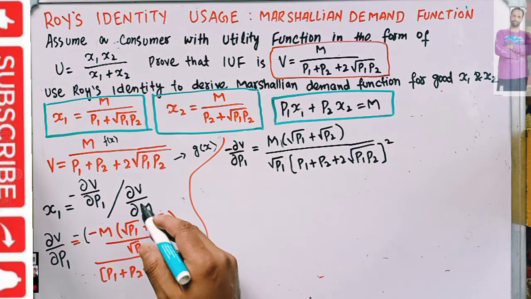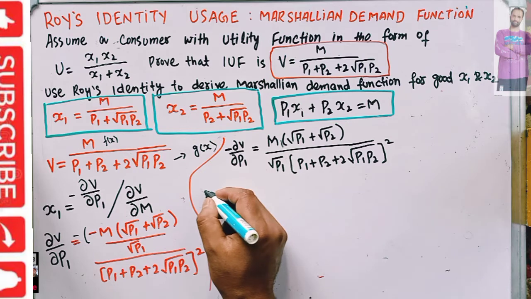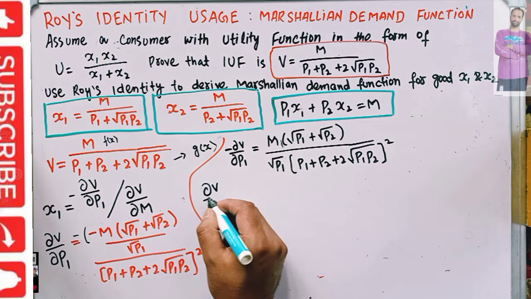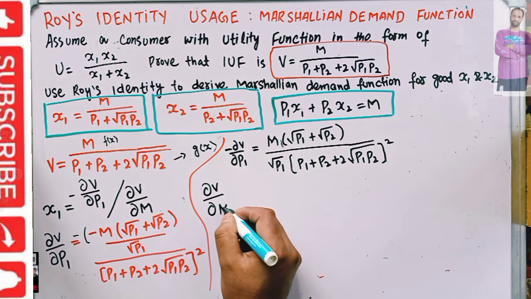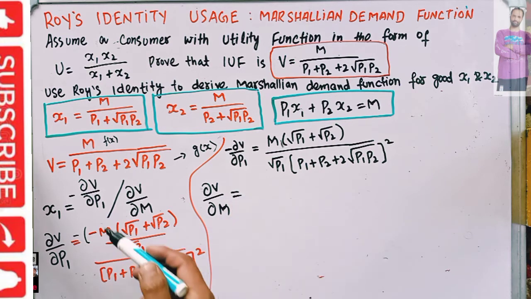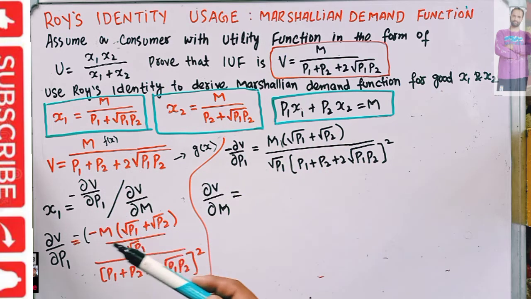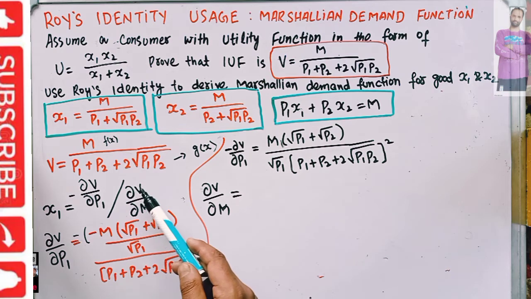Now what is our dv upon dm? Another derivative, because we are using Roy's identity. First we need to find the derivative of the indirect utility function with respect to p1, and then the derivative of the indirect utility function with respect to income.